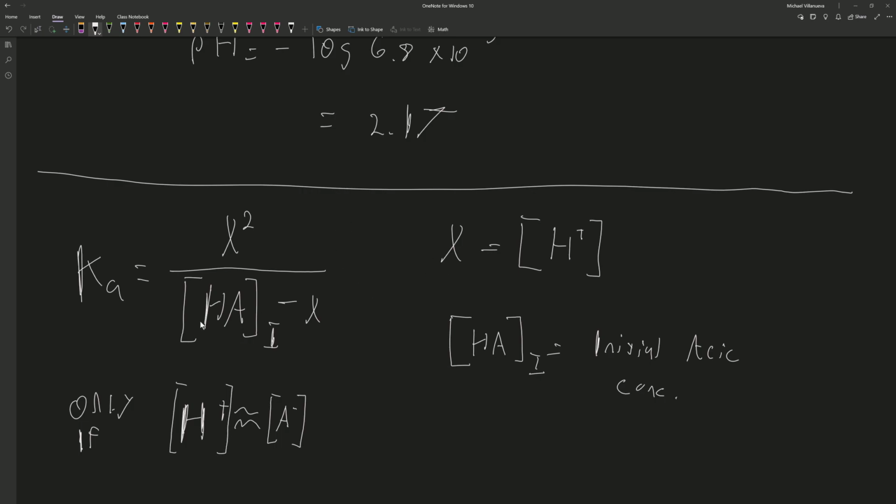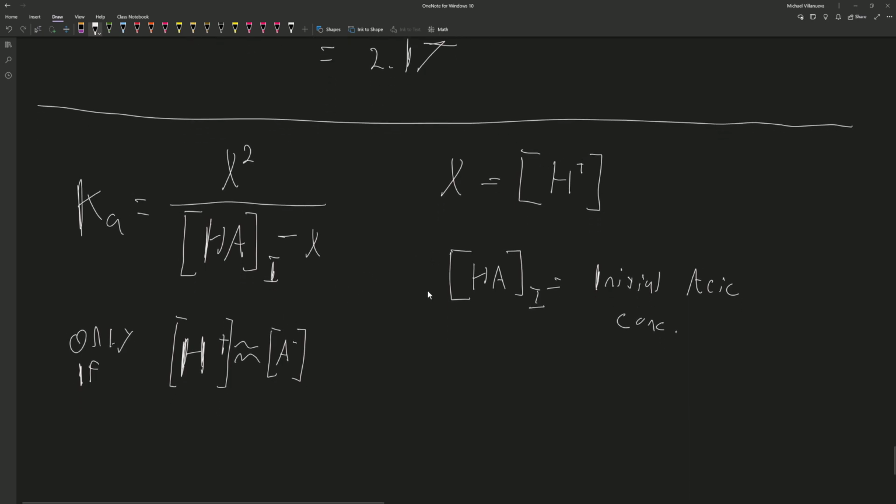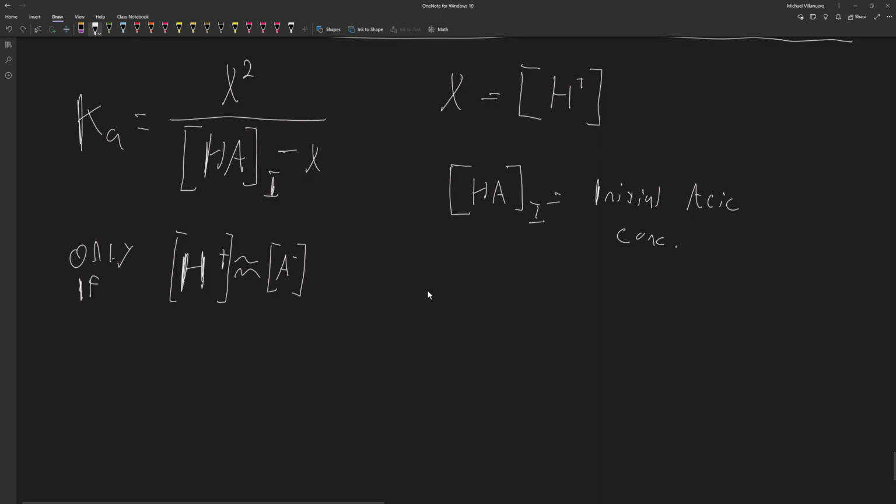Pretty much this means that the acid that you add to solution has to be of a greater concentration than the autoionization of water, or significantly greater. Technically, that will be the only case you're given.